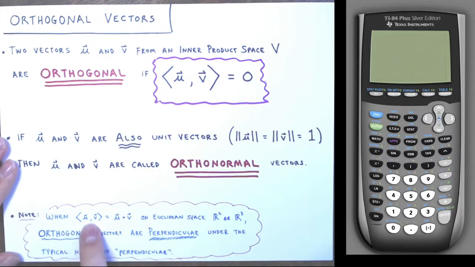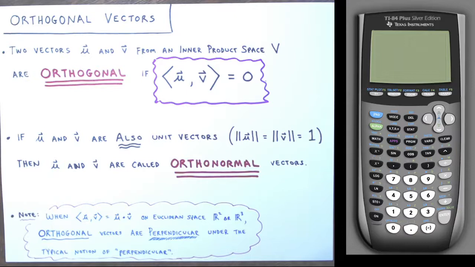When the inner product is the dot product, the standard Euclidean inner product, and specifically on Euclidean spaces R2 and R3, things that you can actually picture, two-dimensional and three-dimensional Euclidean space, the word orthogonal will basically mean the same thing as our typical notion of the word perpendicular.